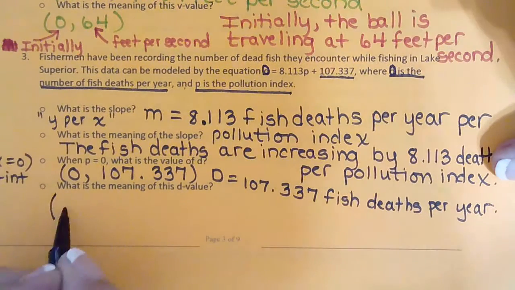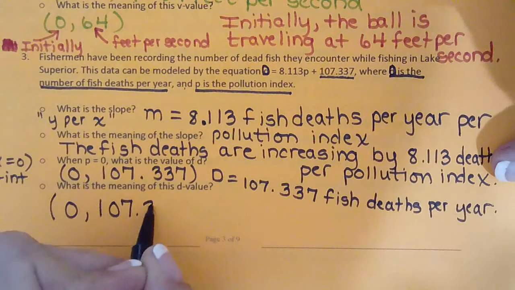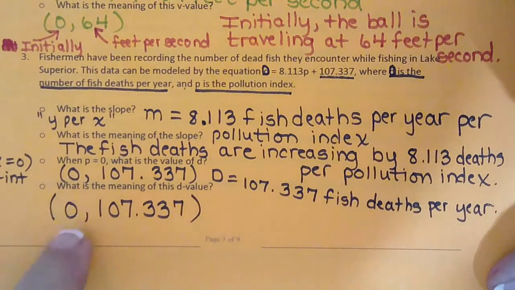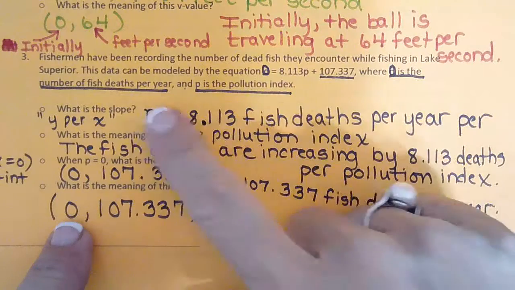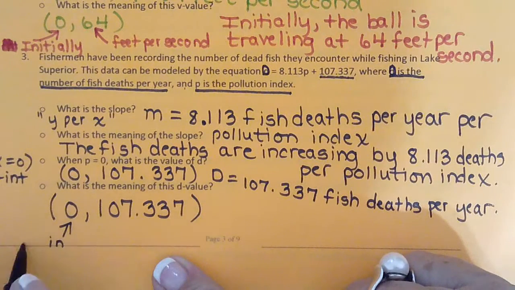Okay, last one here. So I'm going to go fast because we only have about 45 seconds here. So this is my X, and it is pollution index. I'll just write P index so I don't have to write it all out.